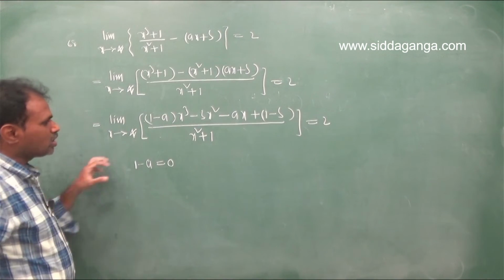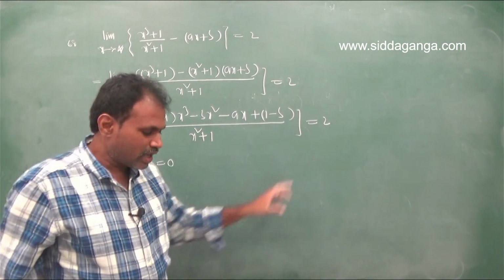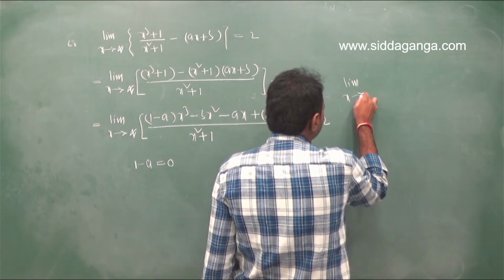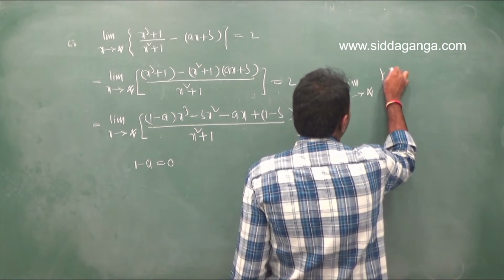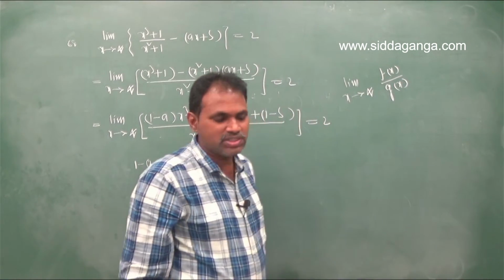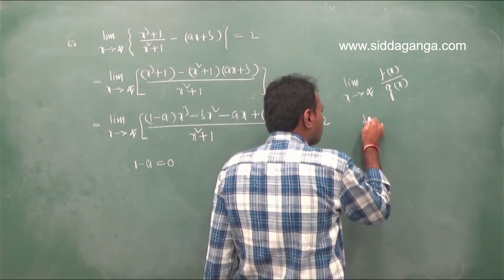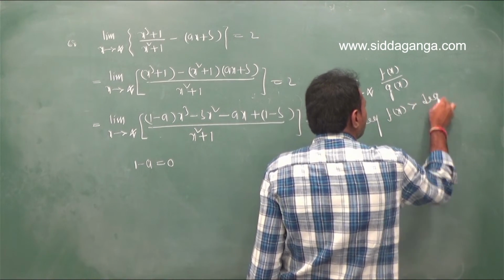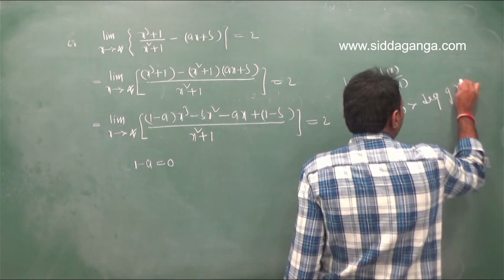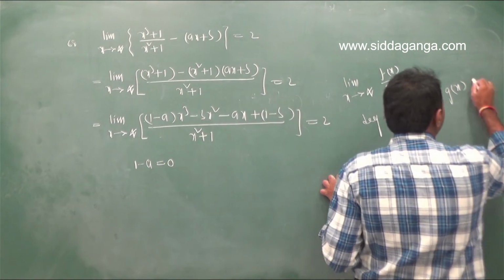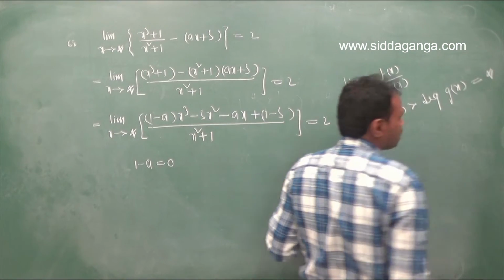Because as x tends to infinity, f of x by g of x: if the degree of f of x is greater than the degree of g of x, the result is infinite.